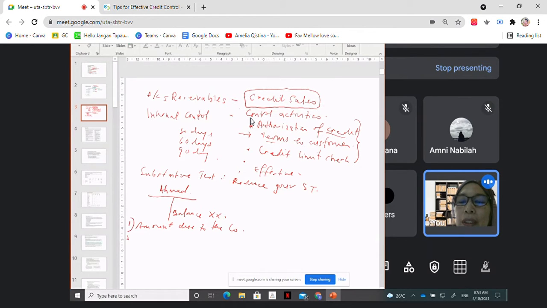Then you have to look at the credit terms, whether 30 days, 60 days, or 90 days. If they do not fulfill the terms of payment, what is the rate of interest? So this is called the allowance on the irrecoverable debt.